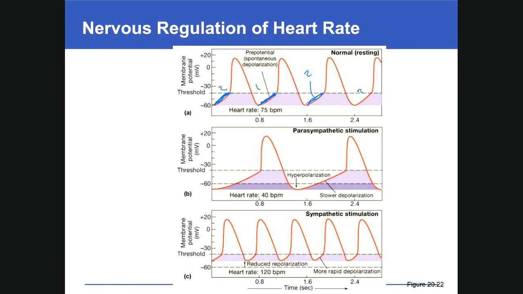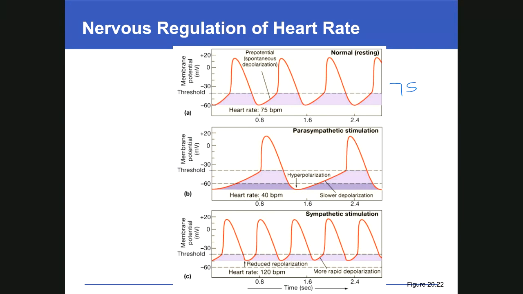When I add all those 2's plus the amount of time that it takes to beat, that's where I get the time, and that's where I get 75 beats per minute. But what if it took less time to reach threshold? Or what if it took longer amount of time to reach threshold? The heart rate would no longer be 75.